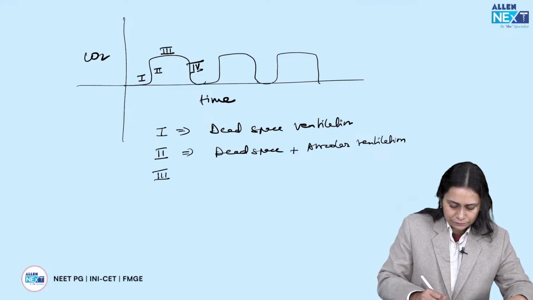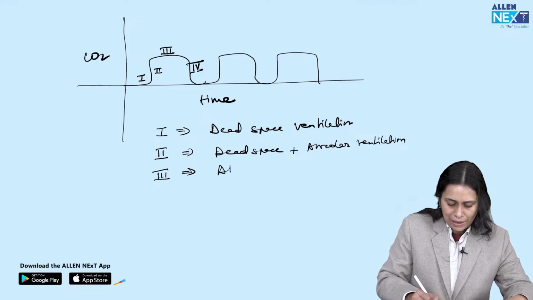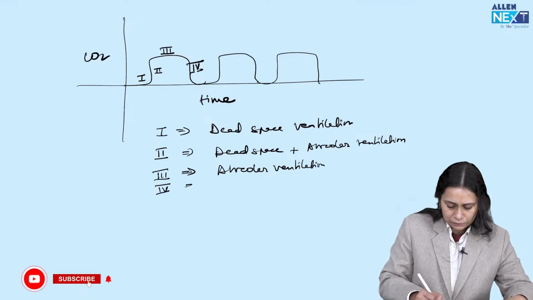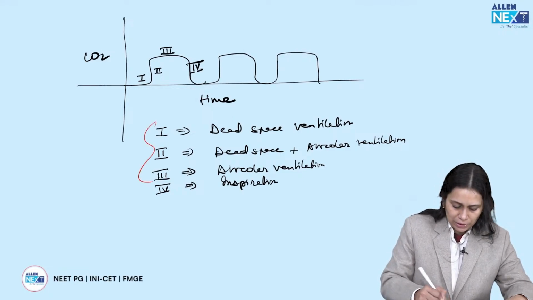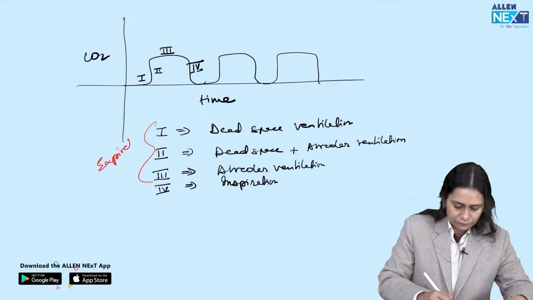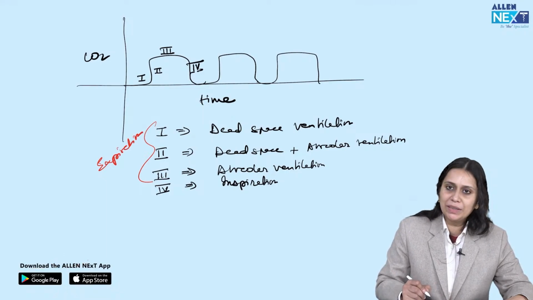Phase 3, only alveolar ventilation. And phase 4, inspiration. Now phase 1 to 3 represent expiration and phase 4 represents inspiration.